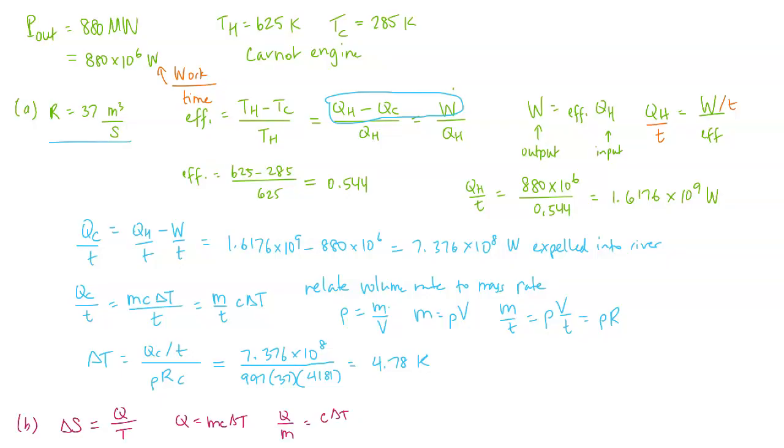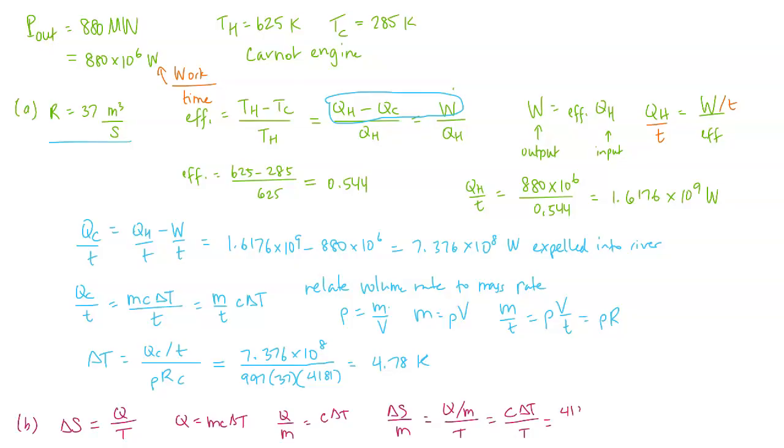And so what I can then say is that my entropy increase per mass will be my heat per mass divided by the temperature at which this exchange happens. And my heat per mass is simply my specific heat of water times the temperature rise of the water, divided by that low temperature, the cold temperature at which we're exhausting this heat.